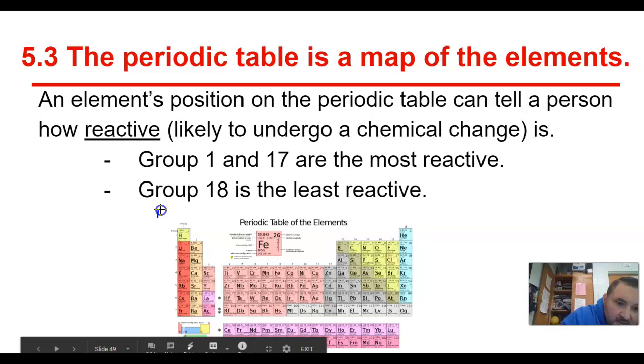Right here are your alkali metals. Group 17 over here are your halogens. They are very, very reactive.